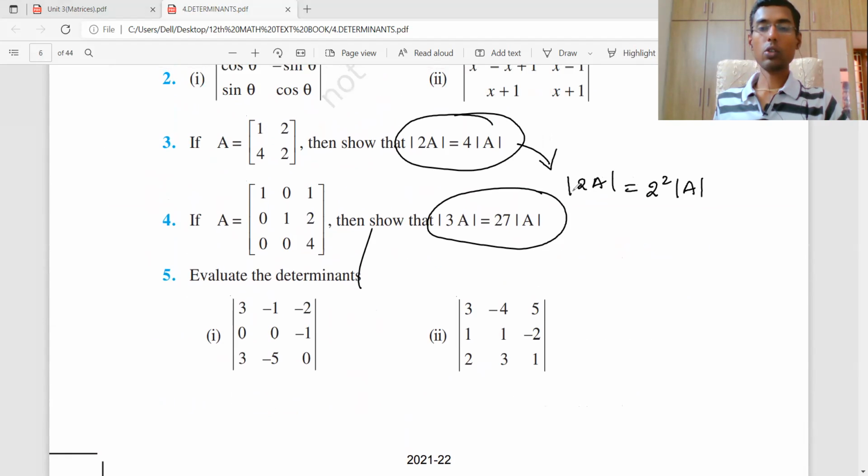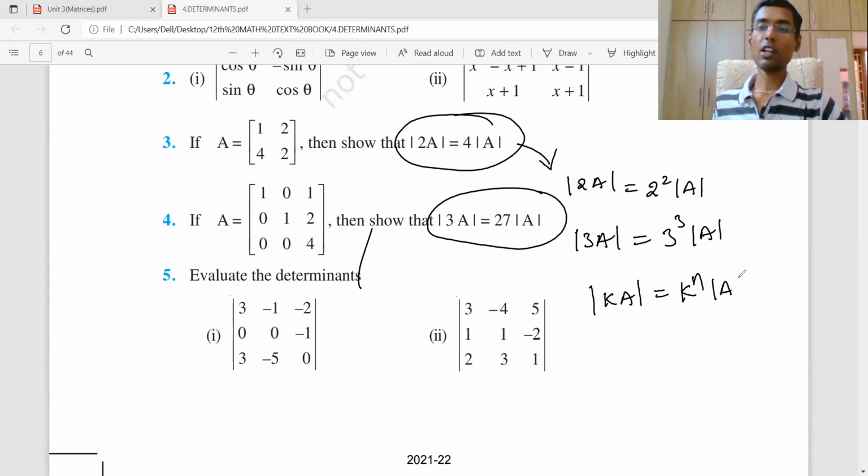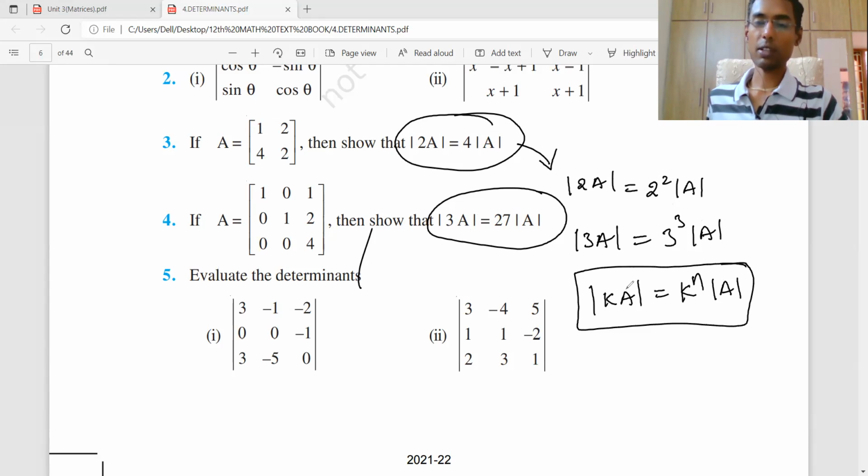Here, det of 2A is 2 squared into det A, because when you are expanding, you multiply the 2 to 2 rows, 2 into 2, 4. Here you have to multiply to 3 rows. Det of 3A is 3 to the power 3 into det A, because you have third order. Det of kA for nth order is k to the power n into det A. This is the important property.